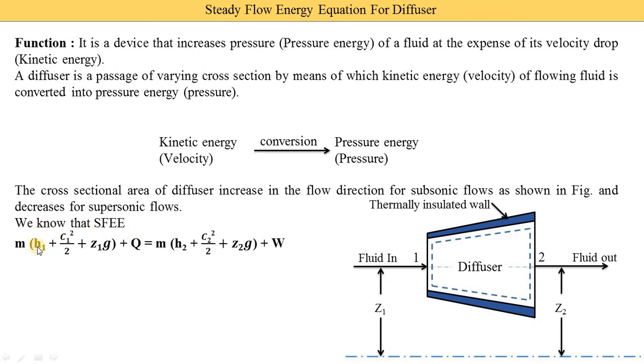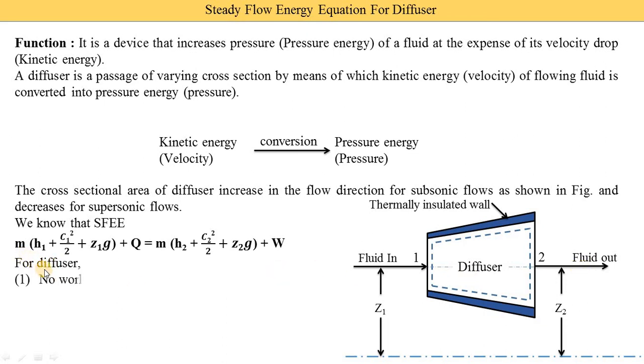Now this is the basic steady flow energy equation: m times (h1 plus C1 squared by 2 plus Z1 g) plus Q equals, for the outlet, m times (h2 plus C2 squared by 2 plus Z2 g) plus W. Here we have not written m1 and m2 because the amount of mass that enters is the same that exits, so we write only m.